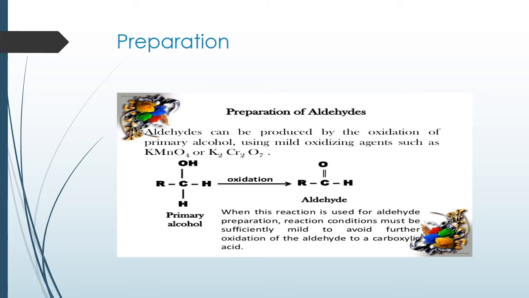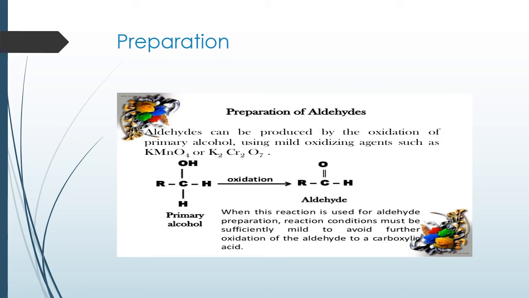In the case of aldehyde and ketone, something is different. When the reaction is used for aldehyde preparation, always try to understand that if an alcohol undergoes oxidation, for example, if oxidation of primary alcohol takes place, aldehydes are produced.